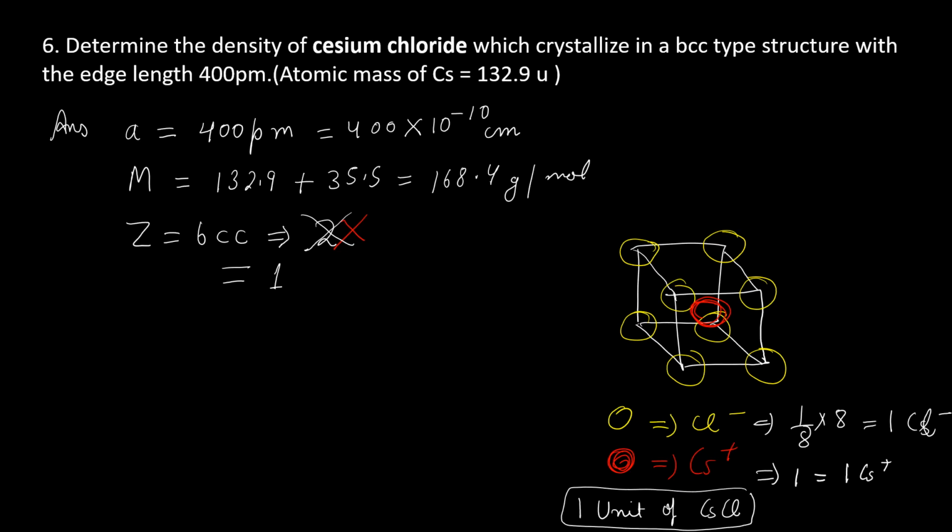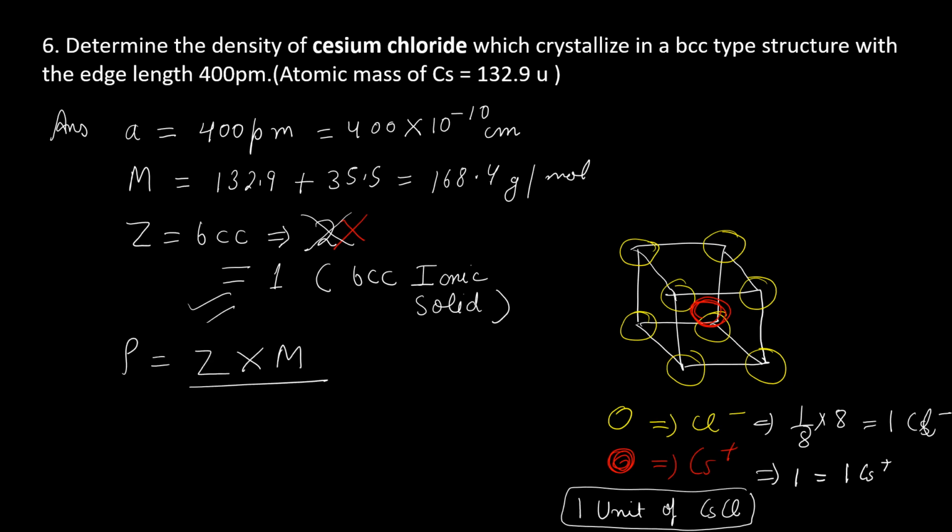So you have to take Z as 1 when a BCC ionic solid is there. Please keep this in mind. Whenever a BCC solid is ionic in nature, then instead of 2, you have to take 1. Now substitute the value of Z into M upon A cube into Na.